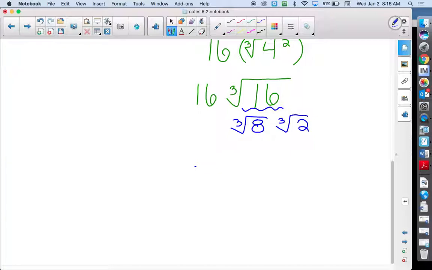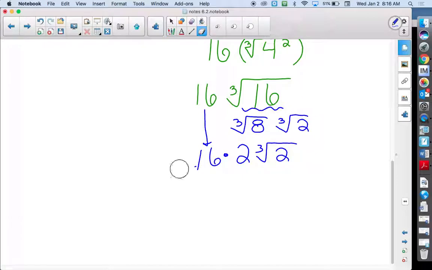So Emma, the cube root of 8 becomes 2, and we still have the cube root of 2, and you still have this 16. So the 16 that we pulled out from the very start, that was the first thing that we pulled out, now gets multiplied by the 2, which we found because we took the cube root of 8.